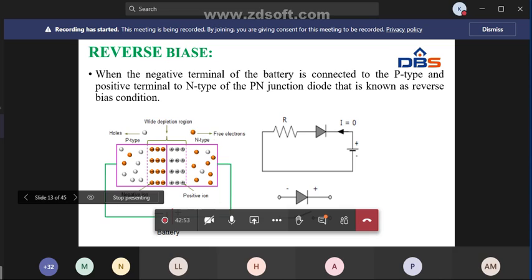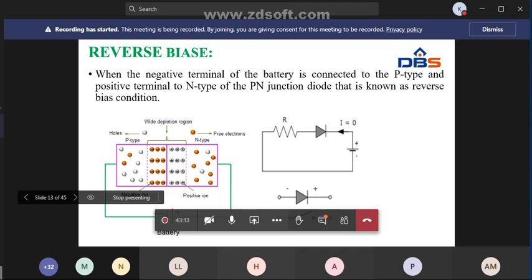Then what will happen? There are no charge carriers moving towards the junction, right? These charge carriers are moving towards the battery, and these charge carriers are also moving towards the battery.